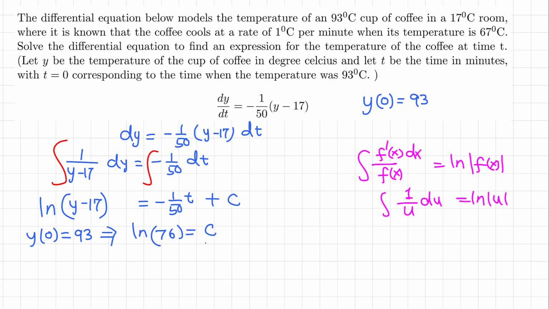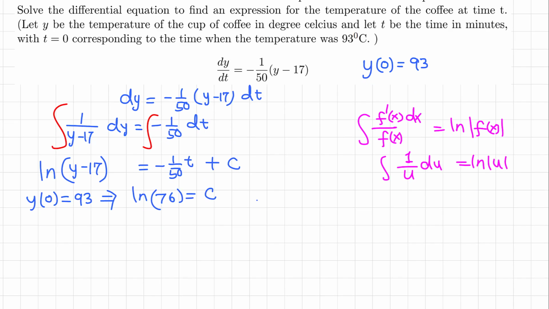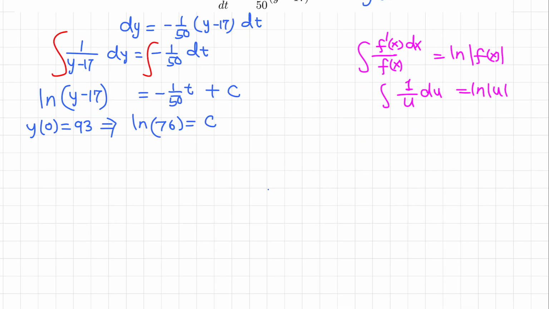By the way, c is natural log of 76. So let's plug that in here. So this is now natural log of y minus 17 equals negative 1 over 50 t plus natural log of 76.